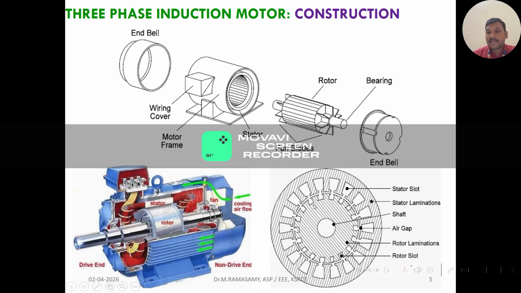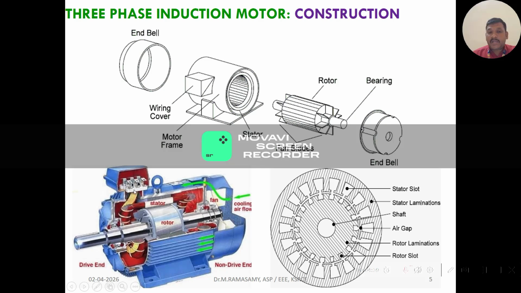Here you can see there are slots on the rotor, and there are many slots on the stator, so they distribute the three-phase windings over the slots of the stator. In the rotor they place the copper bars, which act like rotor conductors, and those conductors are short circuited by the end rings shown here.